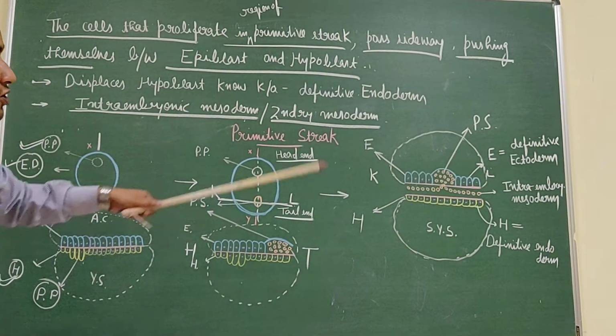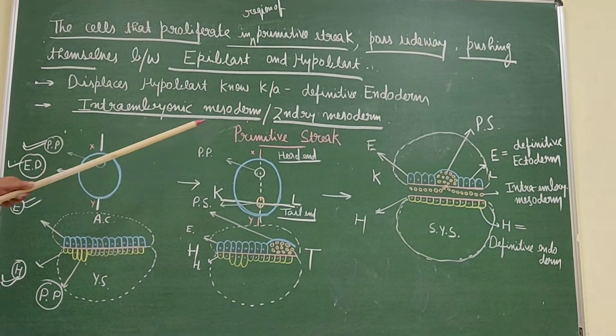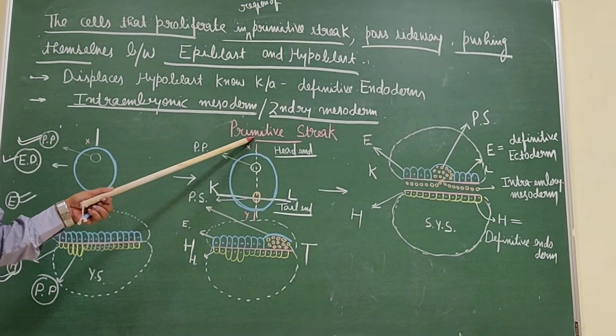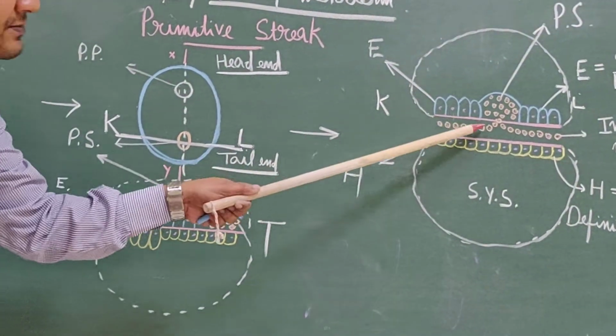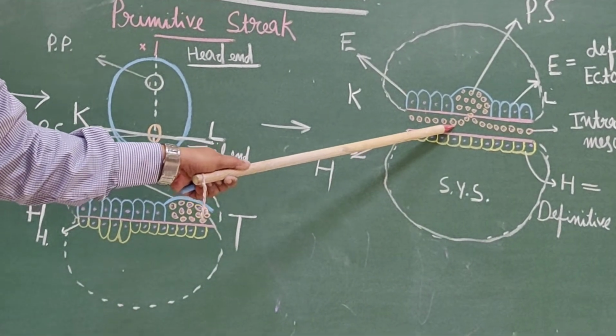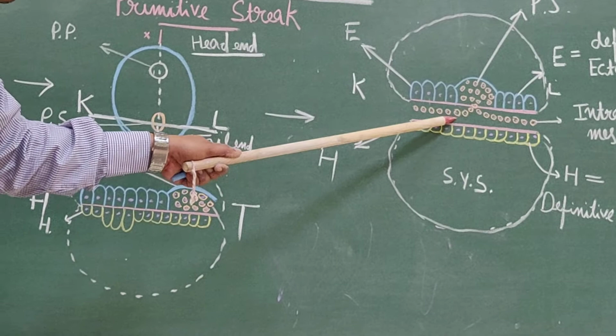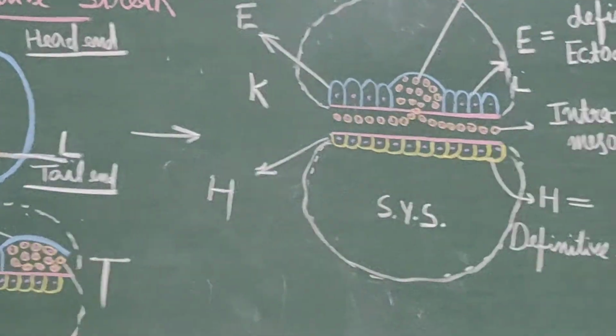It is formed later on, so it is the secondary mesoderm. So it is the primitive streak, formed by the epiblast cells, that forms the intra-embryonic mesoderm. Now it has three layers: first, second, and third.